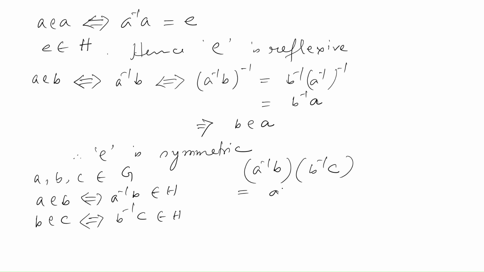Then we will have a inverse b b inverse c. b b inverse is e, so we can write a inverse c, which will imply a rho c. Therefore, rho is transitive.